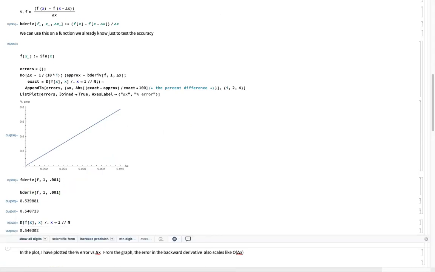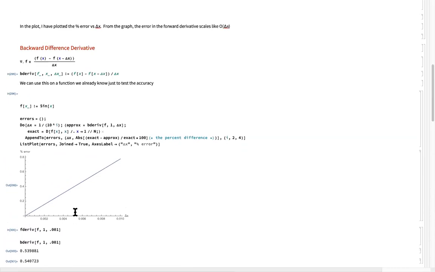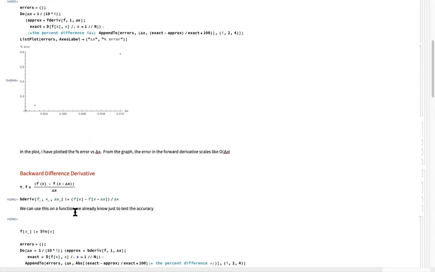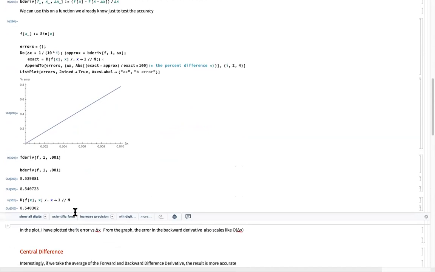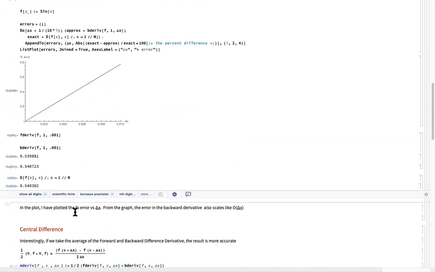In fact, if you look at these two, you might say that the exact answer is pretty close to the average of the forward and backward derivative. And that's not an accident. Both the forward and backward difference derivatives have linear scaling with delta x. So they work, but they're not super accurate.